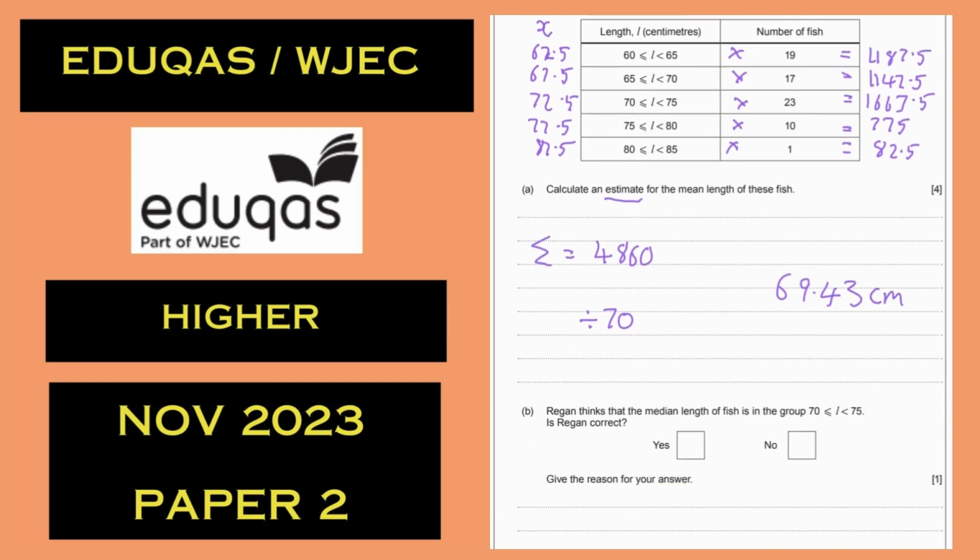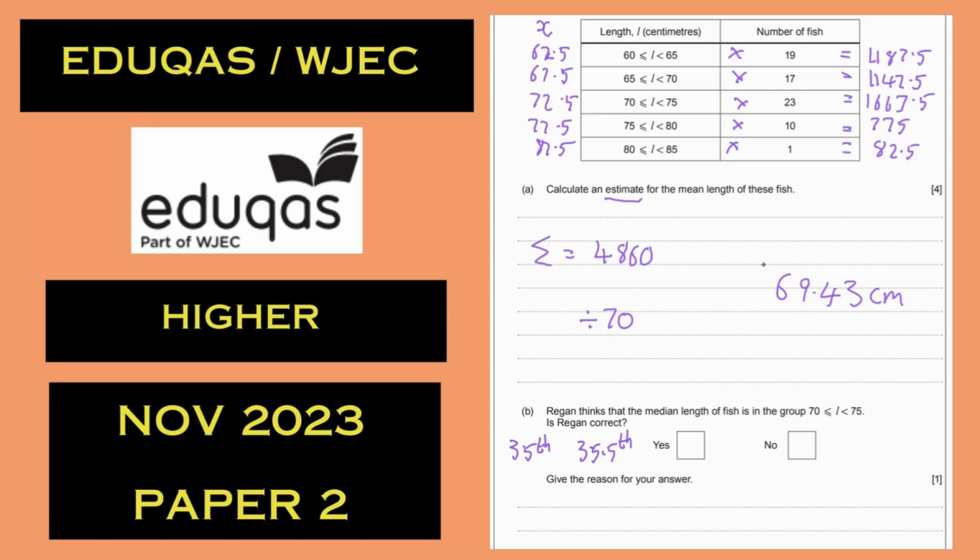Regan thinks the median length of the fish. Now the median will always be the middle one. Now depending on how you've been taught, you'll think that the median is the 35th fish, because that's half of 70, or some of you will have been taught to add 1 and then halve it.